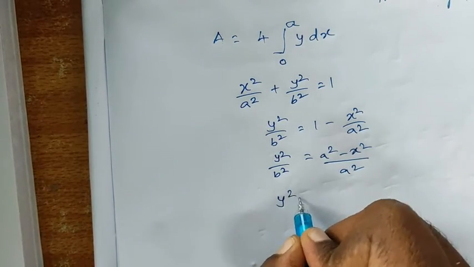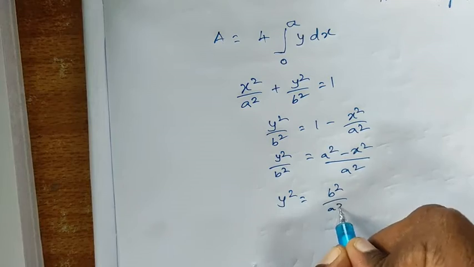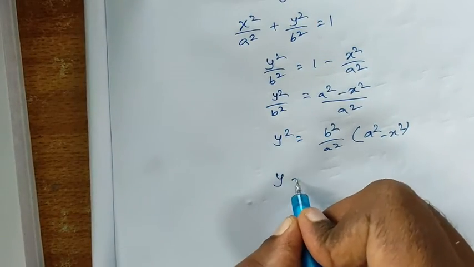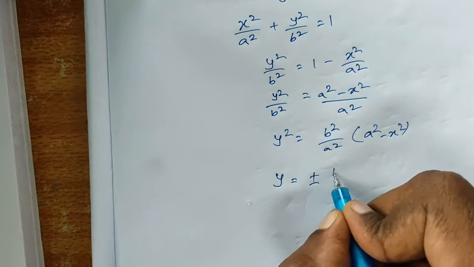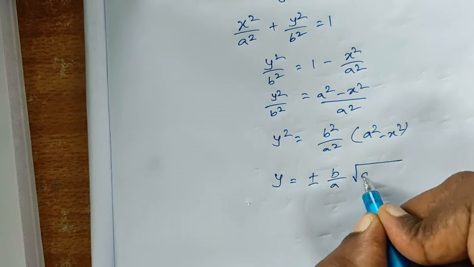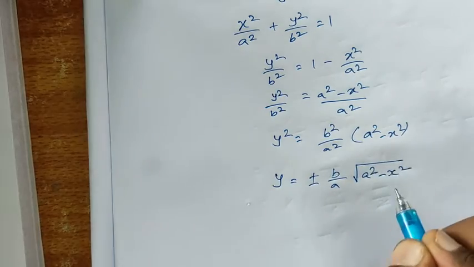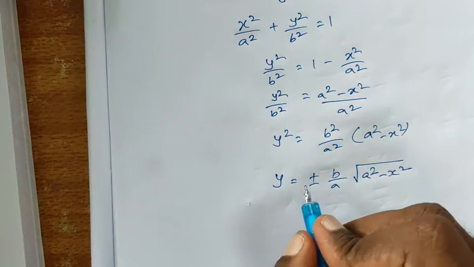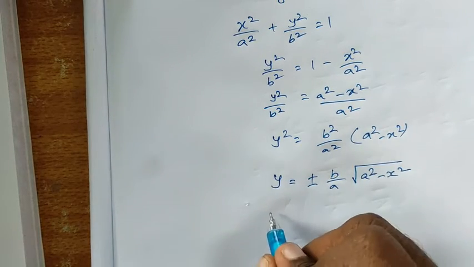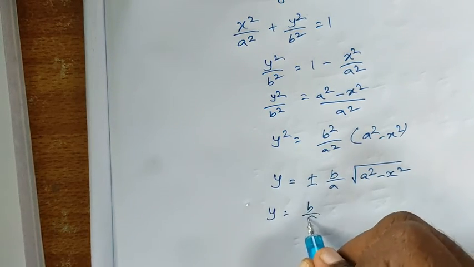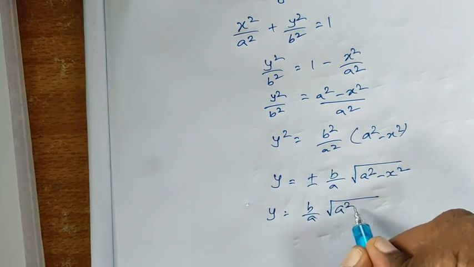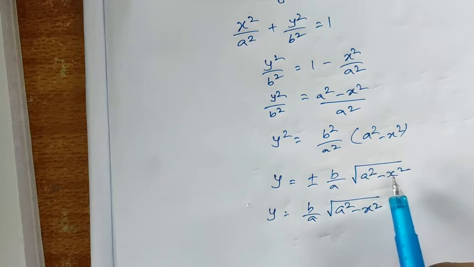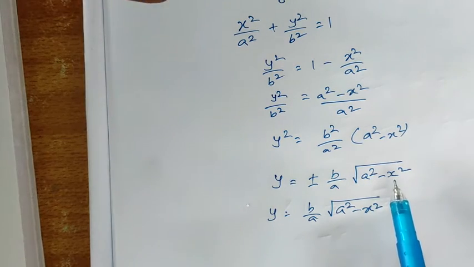So y square is equal to b square by a square into (a square minus x square). y is equal to plus or minus b by a into root of a square minus x square. Since we take the first quadrant, y is equal to b by a into root of a square minus x square. Minus b by a into root of a square minus x square is not suitable here.